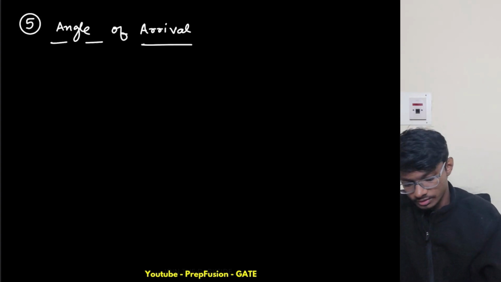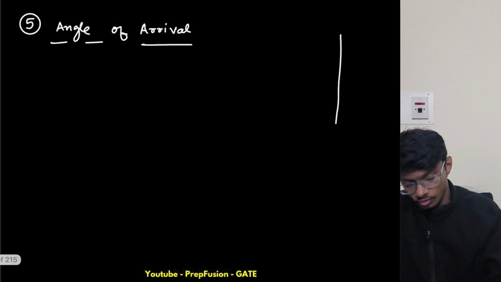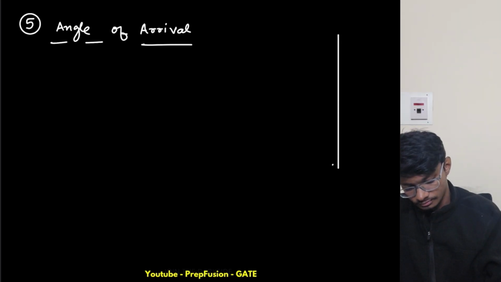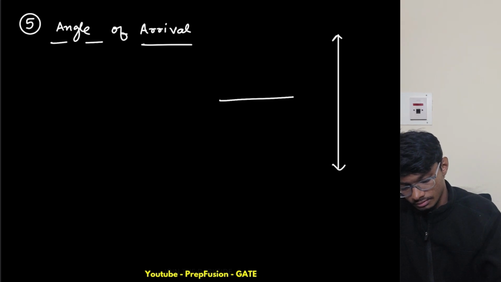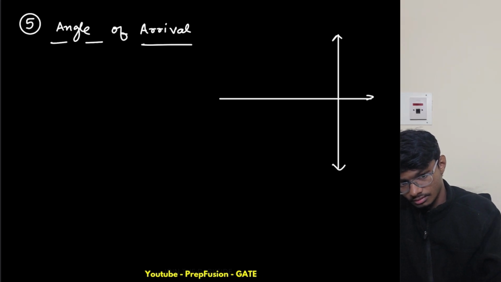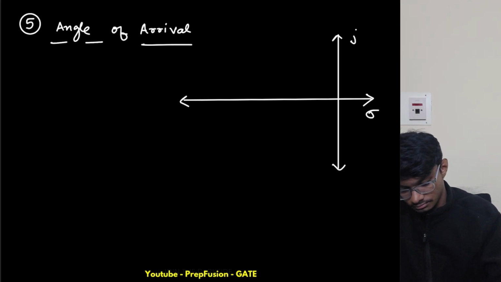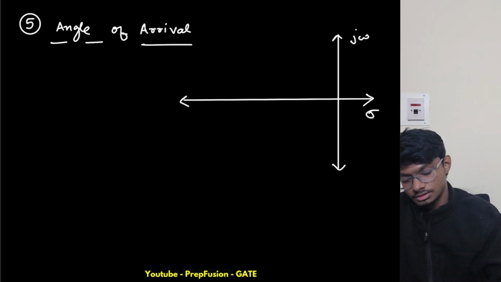So what I will do is first draw the sigma j omega axis. I have two open loop zeros, one is here and another is here, two open loop complex conjugate zeros, and I have two open loop poles, one around here and one around here.